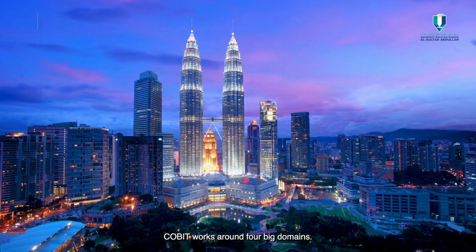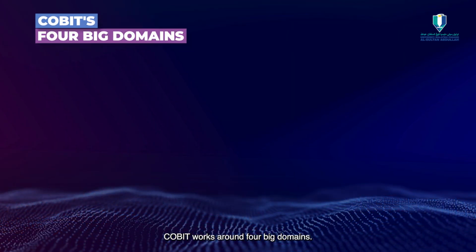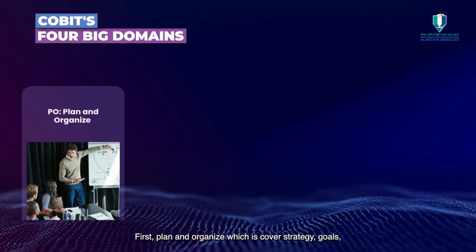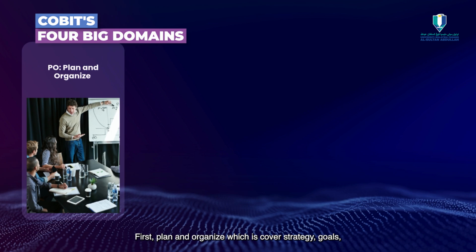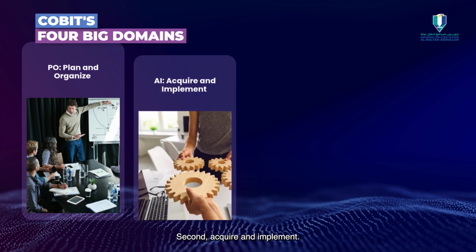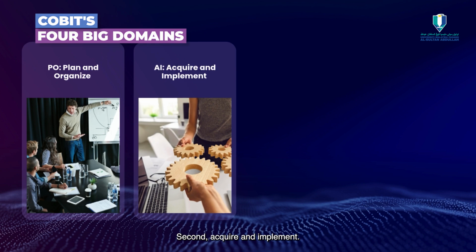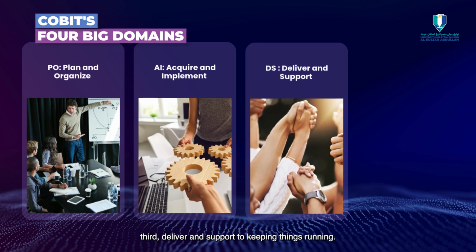COBIT works around 4 big domains. First, plan and organize, which covers strategy, goals, budgeting. Second, acquire and implement. It is buying or building systems. Third, deliver and support, for keeping things running.